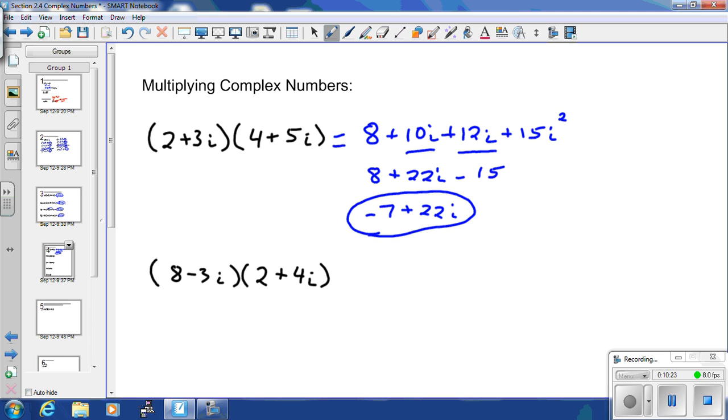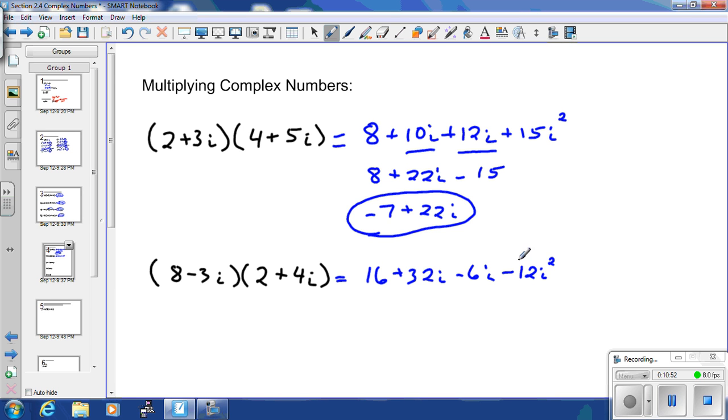So once again, give this video a pause and give yourself an opportunity to try these few problems beneath here, and I'll go on and do this, and you can resume and check your work. So I have 8 times 2, 8 times 4i, -3i times 2, and I have -3i times +4i makes -12i squared.